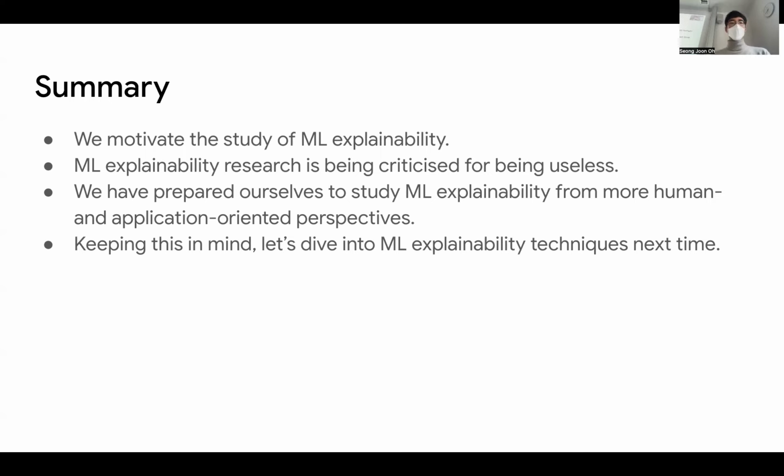So what we have done in this lecture is to prepare ourselves to study machine learning explainability from this critical point of view, which is more human-centered and application-oriented. And so keeping all of this in mind, from next time, let's dive into machine learning explainability techniques.